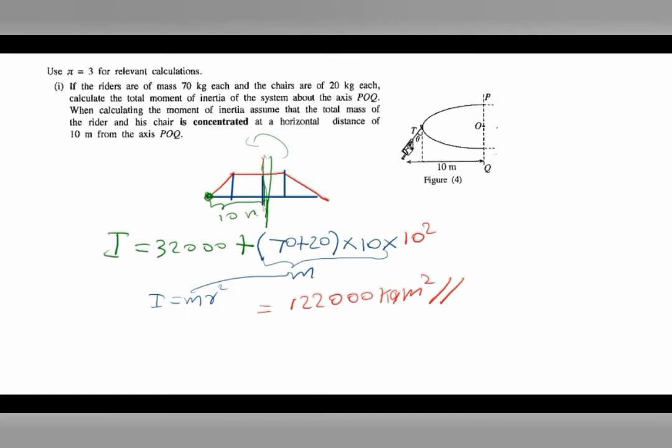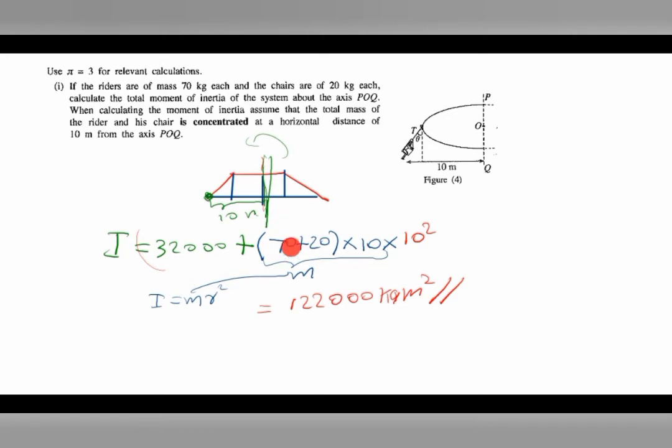Really simple. You might be wondering how this came, because this is the inertia of the system without riders and the seats. So now I'm just going to add their moment of inertia as well.